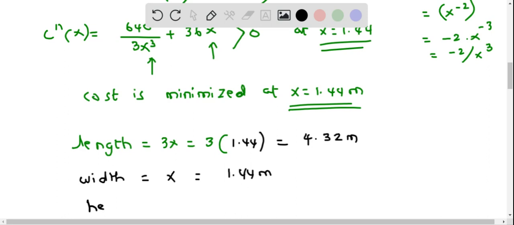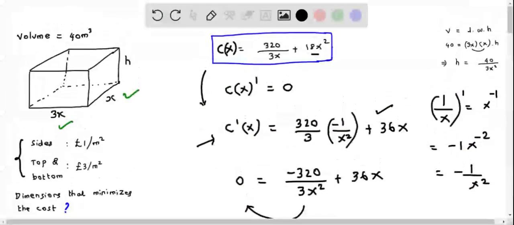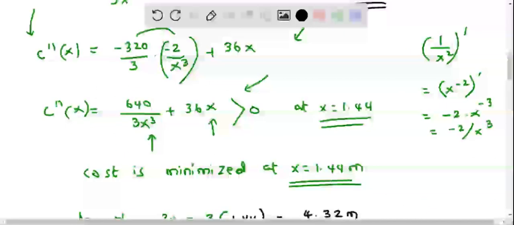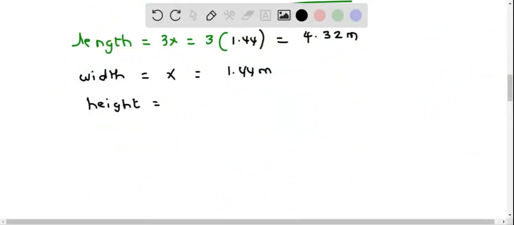And the height of the box, we have the expression for the height of the box, which is 40 over 3x squared. So I'm going to replace height by 40 by 3x squared.